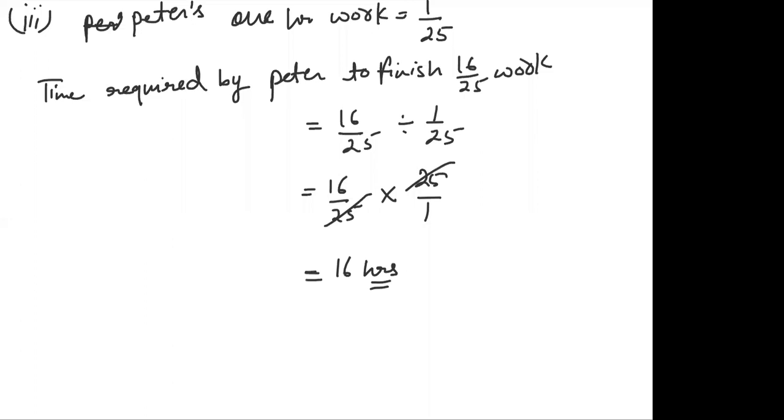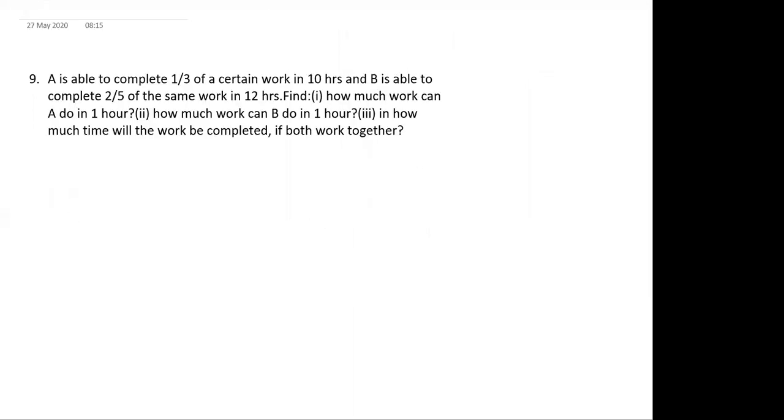Okay. Question 9. A is able to complete 1 upon 3 of a certain work in 10 hours. And B is able to complete 2 upon 5 of the same work in 12 hours.